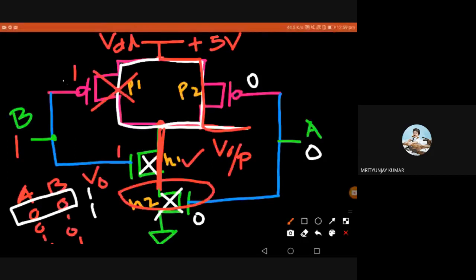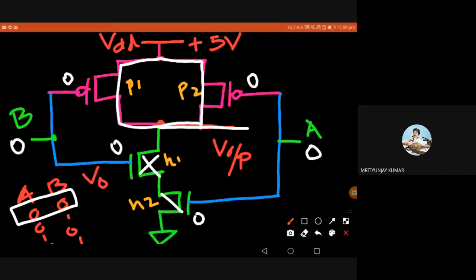So what Kanaya told was wrong. Sorry, I also couldn't realize it at that time. So when 0 0 gives 1, 0 1 gives 1. Now 1 and 0. What happens in 1 and 0? Let's see.